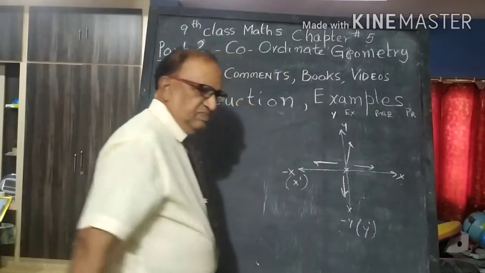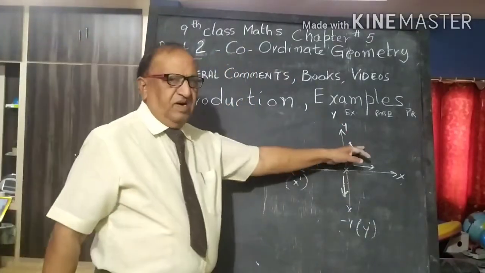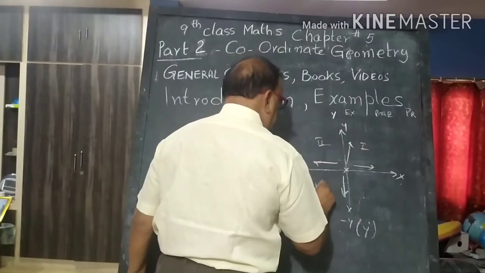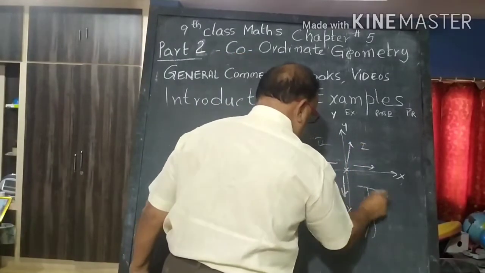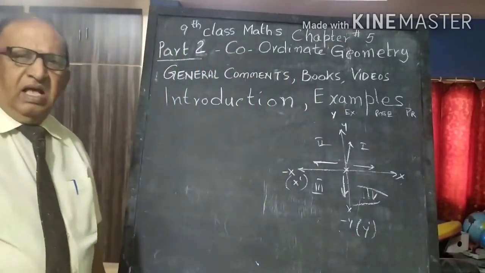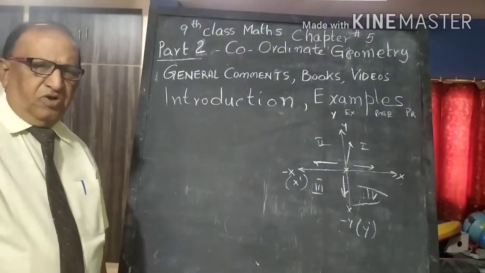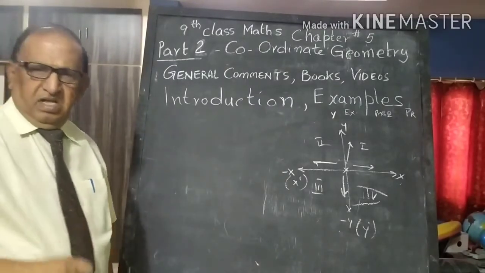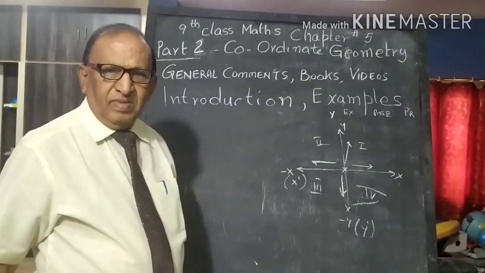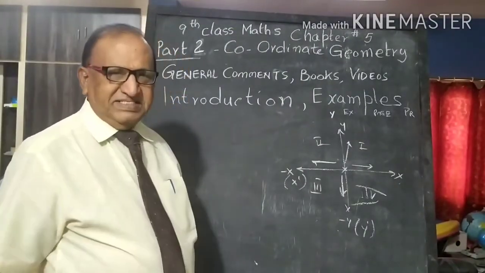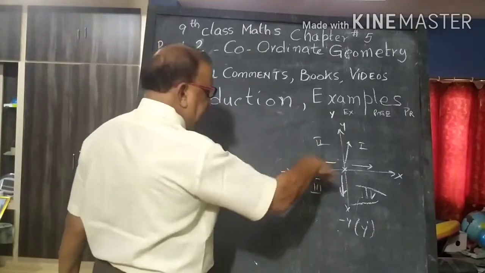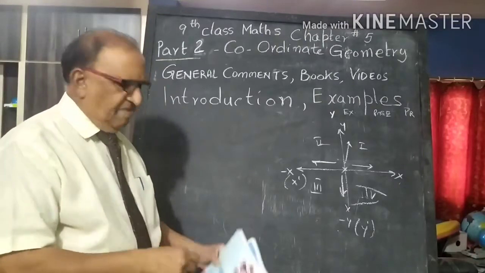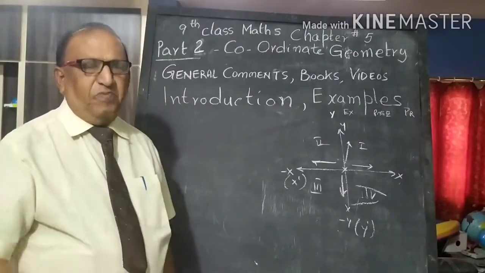As long as you know this is the first quadrant, this is the second quadrant, this is third quadrant, and this is fourth quadrant, and how the coordinates are, it's a piece of cake. It's not difficult.